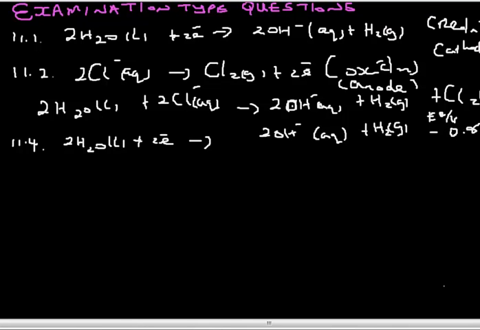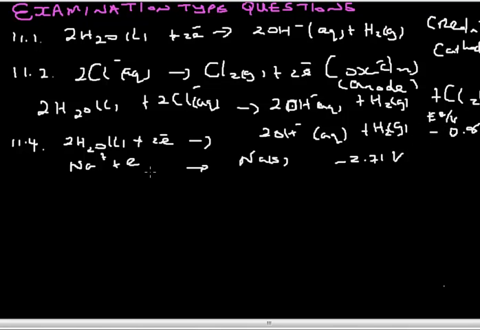And then if we take the one for sodium ion plus an electron, it will give us our sodium atom. This one in itself is minus 2.71 volts. So if we look closely at our electrode potentials, we see that the one for sodium ion into sodium solid is more negative than that of water.